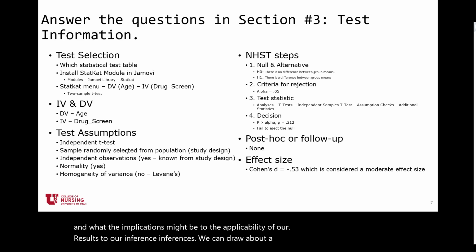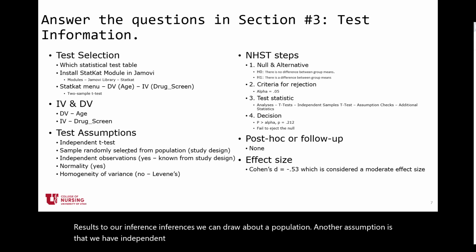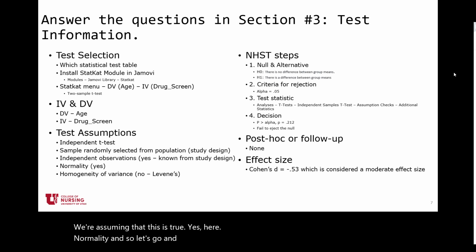Another assumption is that we have independent observations. This is something that you know from the study design, and we're assuming that this is true, yes, here. Normality, and so let's go and check normality for our data set.